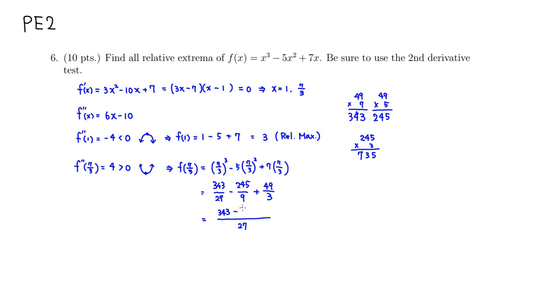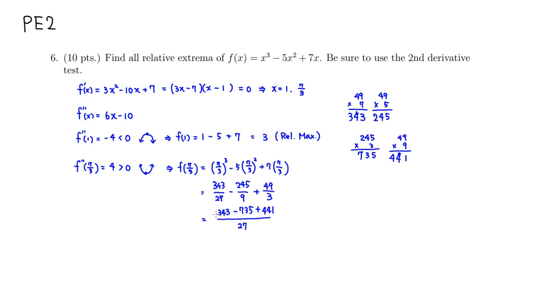So minus 735 and plus. In order to go from 3 to 27, we have to multiply by 9. So we multiply 49 times 9. 9 times 9 is 81, and 4 times 9 is 36, so it's 44, so 441.